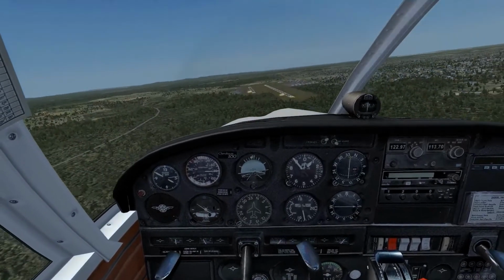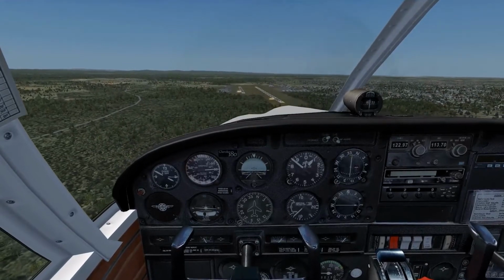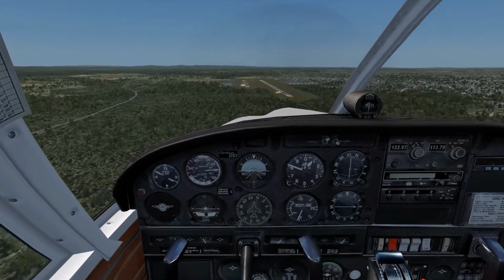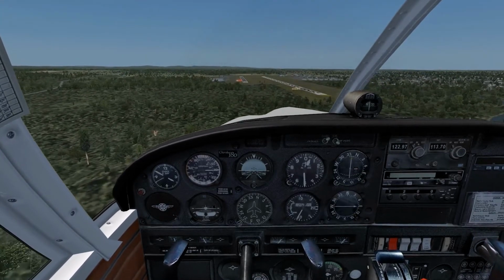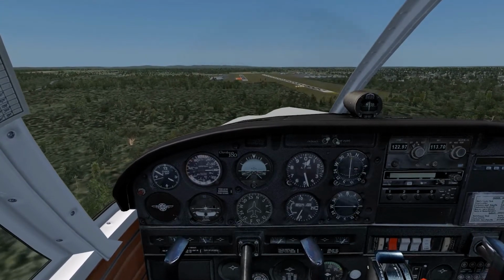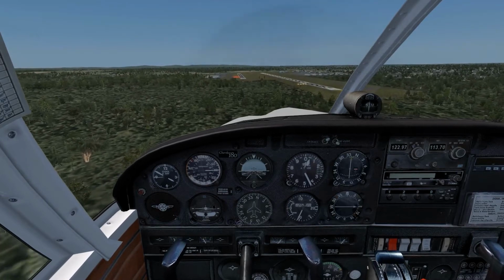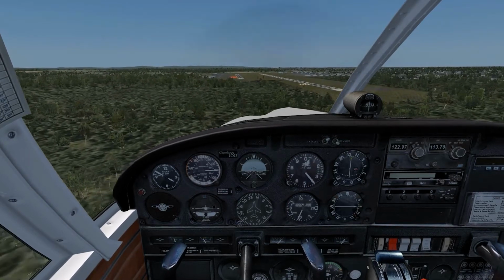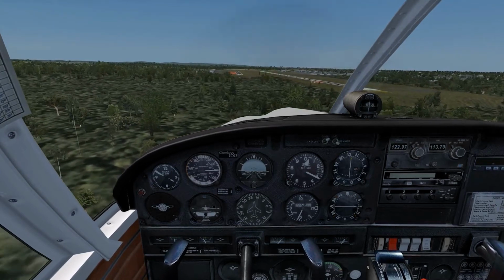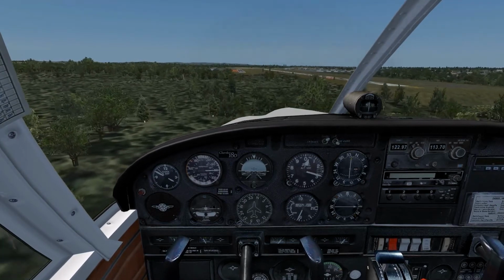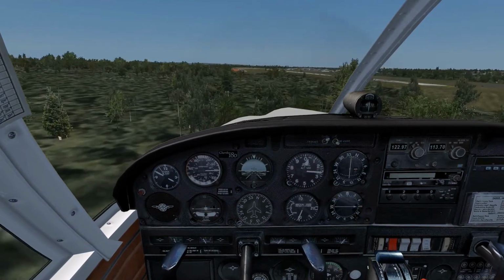If you look at the pilot's operating handbook for a Cherokee 180, you will see that stall speed at a 45-degree bank angle is pretty close to our best glide speed of 82 miles an hour. So the handling on the airplane is quite twitchy in steep banks at slow airspeeds. And as you can see, heading back towards 34 left, even with a 45-degree bank angle, there's no hope.